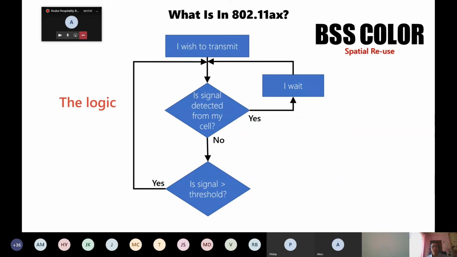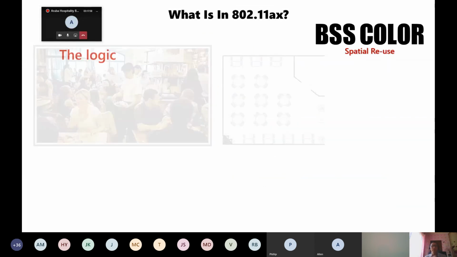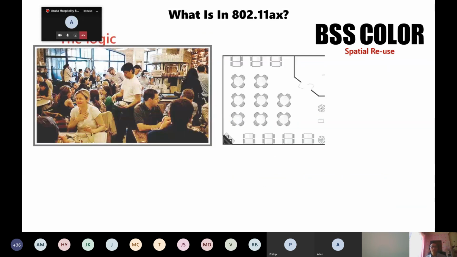If it is very strong, I do not want to transmit at the same time because my receivers are not going to pick it up. So I'll wait. But if the signal is low enough that I can transmit to my receivers and they can receive it well, I'll go ahead and transmit. Okay, so all this sounds complicated, but let me explain it with a simple example of a restaurant.